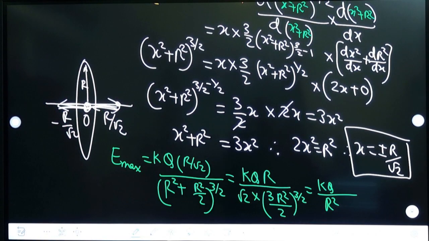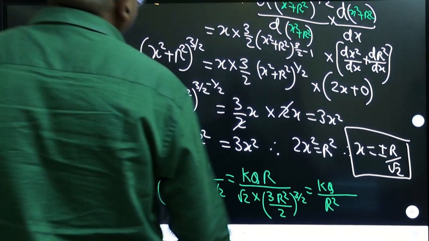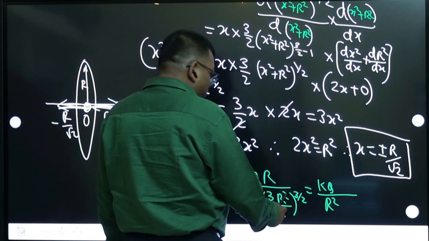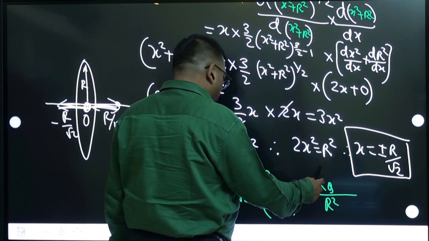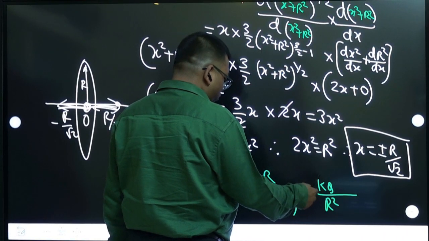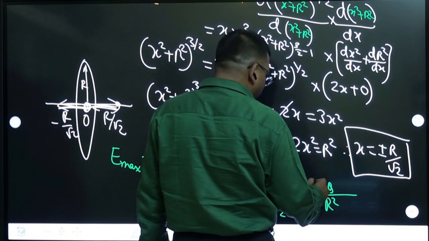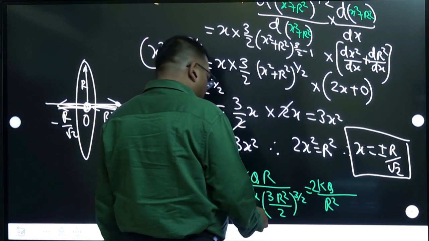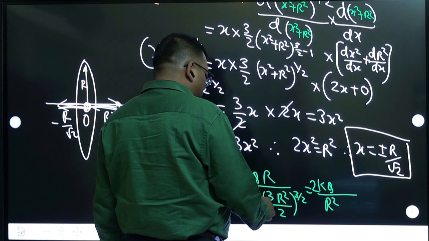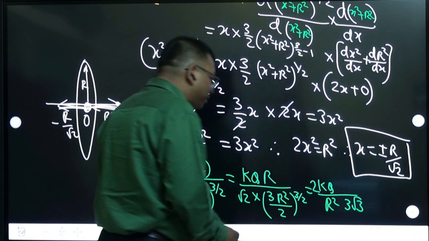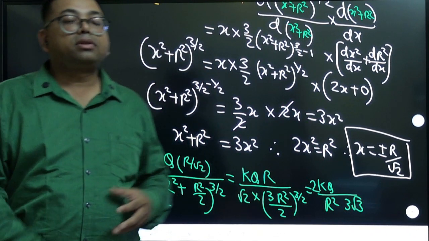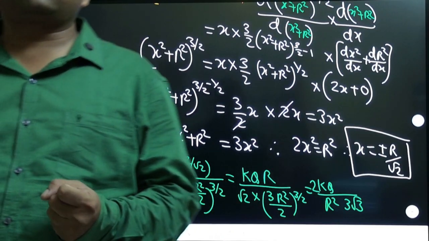Okay, and after that what will happen? Take out this. So 2 will come in the numerator. 2 power 3 by 2 means 2 root 2. Root 2 root 2 will get cancelled, a factor of 2 will come here. And here 3 power 3 by 2, that means 3 root 3 you can write. So this is the value of maximum field.